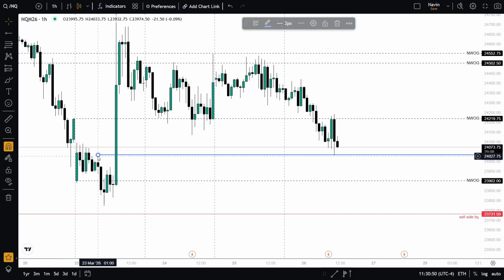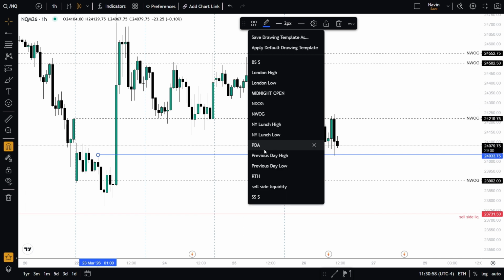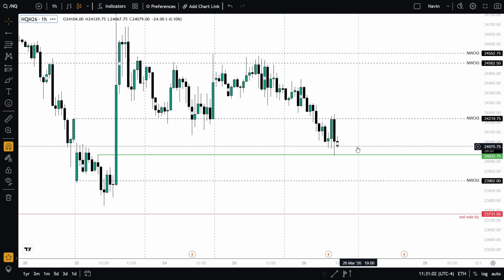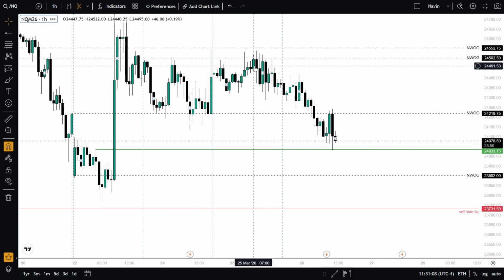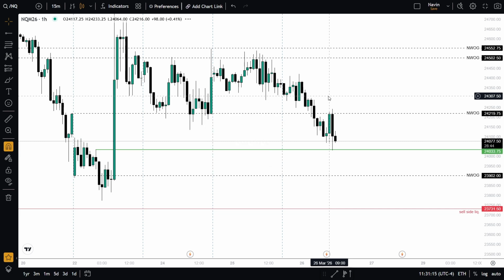So I was expecting price to be moving towards this, and that's my primary objective for today. So I'll just mark it as a PDA for now. As we start over here, I'm seeing a clumsy price action for yesterday's chart in the 1 hour.